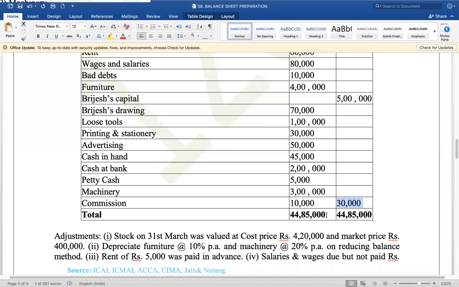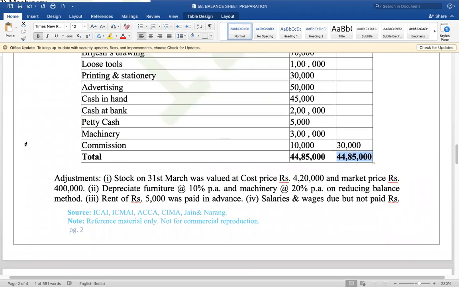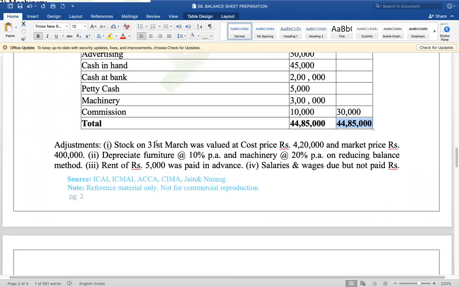So this is a trial balance. The trial balance is tallied at 44,85,000. And there's additional information given. Adjustment: stock on 31st March was valued at cost price 420,000 and market price of 400,000.